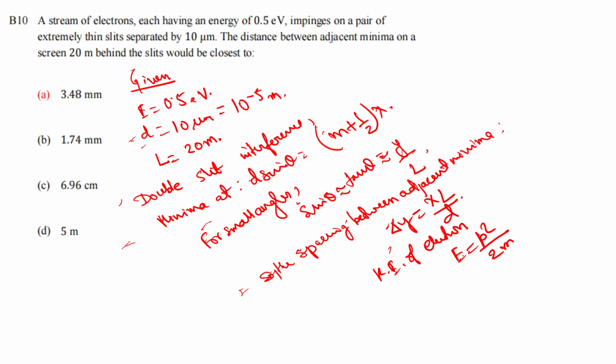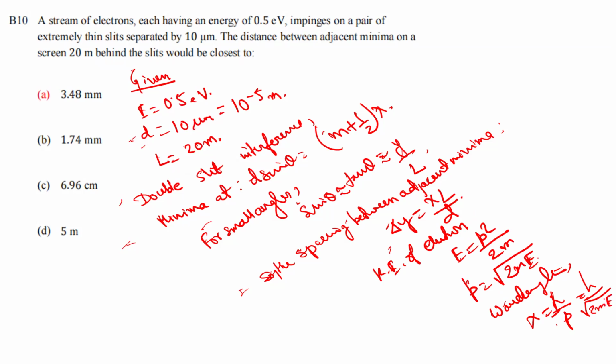So the momentum is equal to root over 2mE, and the wavelength lambda is equal to h by p, or h by root over 2mE.